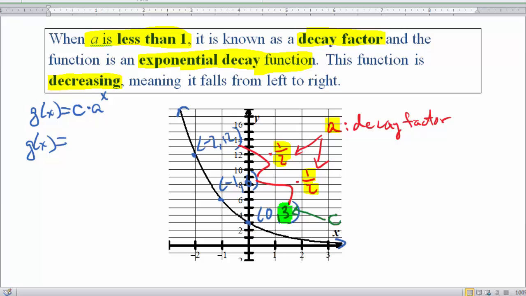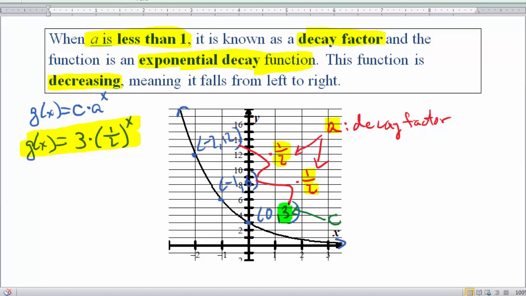And in this case, c would be 3, and a is 1/2. So it's 3 times 1/2 to the x. All right? So that would be our function. 3 times 1/2 to the x.